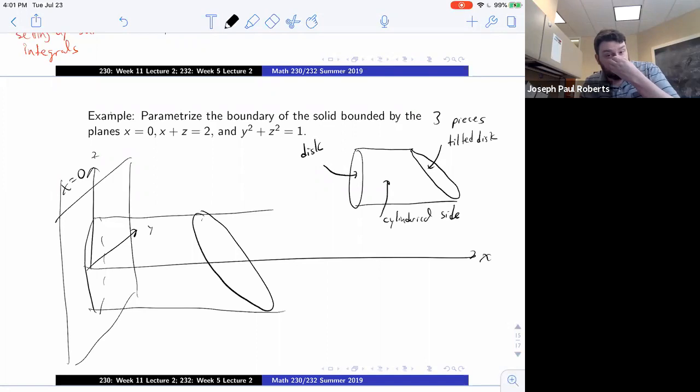So it's 3 different pieces. Let's call them S1, S2, and S3. Just like we've seen examples with line integrals where we had some kind of piecewise definition where we had to split things up, same kind of story here.